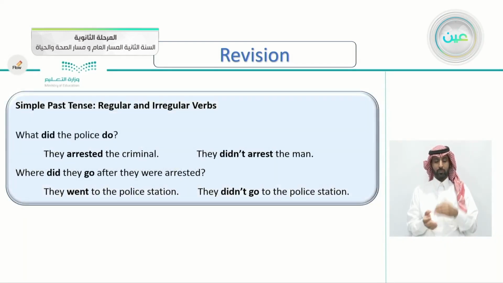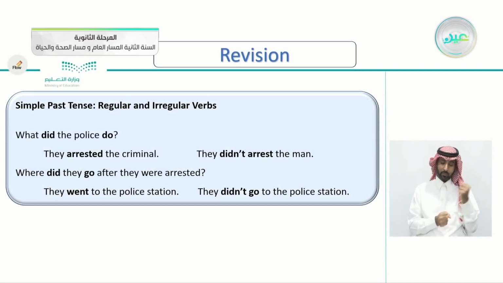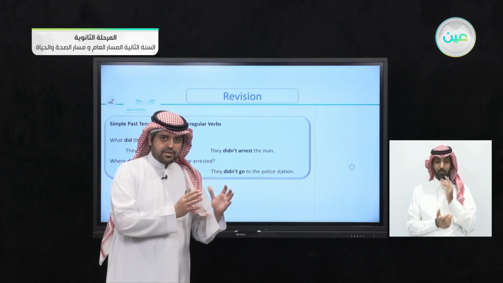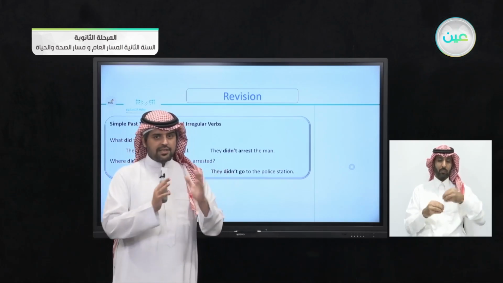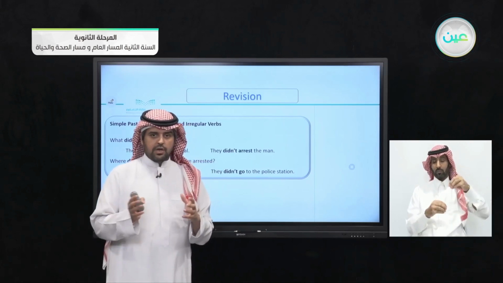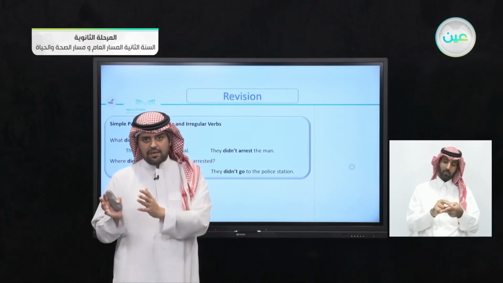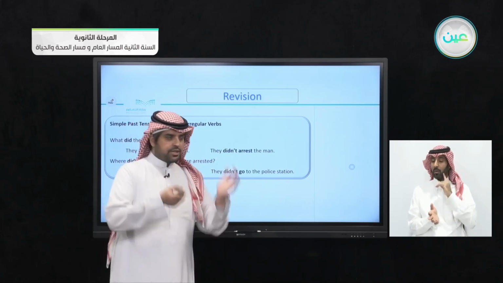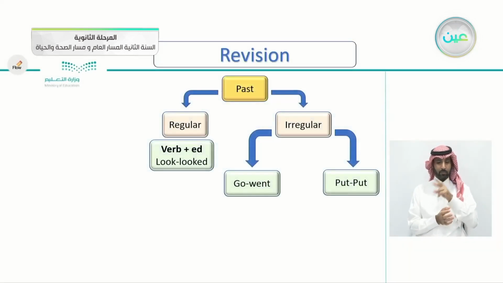Then we took the simple past tense, the regular and the irregular verbs. We said that the regular verbs are the verbs that we add ed, and sometimes just d, and the irregular verbs remain the same, or we change the whole word. Just as you can see in this picture, we have two kinds of past tense, the regular and the irregular.